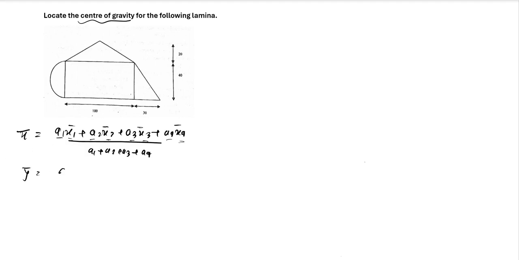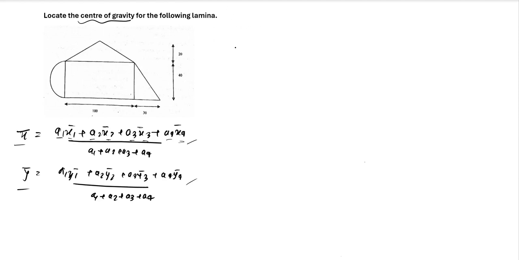Similarly for y bar, we have A1 y1 bar plus A2 y2 bar plus A3 y3 bar plus A4 y4 bar, divided by A1 plus A2 plus A3 plus A4. So these are both the formulas, and we need to find the overall x bar and y bar. Firstly, let us calculate the area for each of the figures, because that will be the easy part.